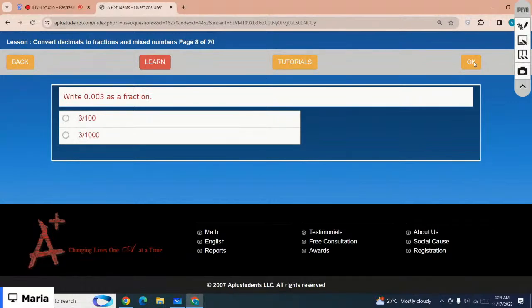What do you mean? Is it the same number below but backwards? Can you please repeat? I don't get your question. Same number below? Where below? That would be 3 over 1000, because you have three decimal places right after the decimal. One, two, three.